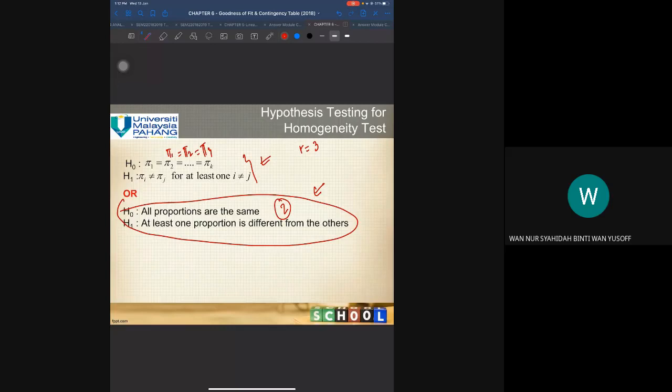Let's say you test for the column, and we have 2 columns. So it will be pi 1 equals pi 2. So the number of pi depends on the number of levels for row or column. But again, to avoid any mistake, you just use the second method for your hypothesis.